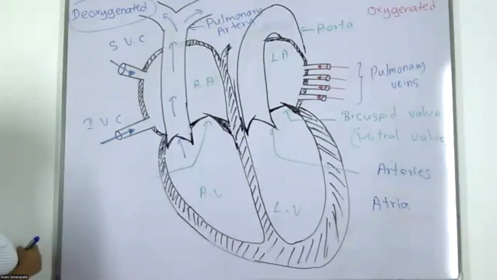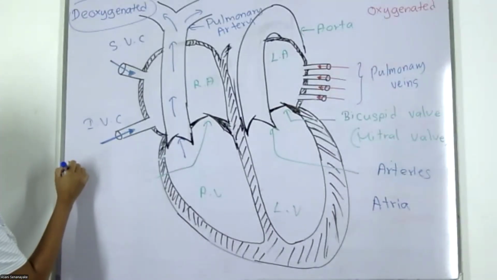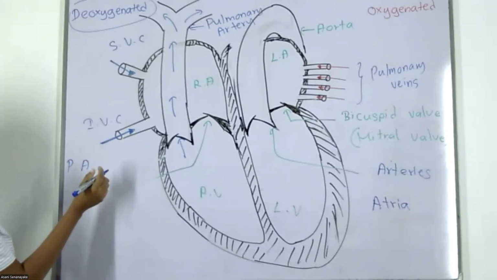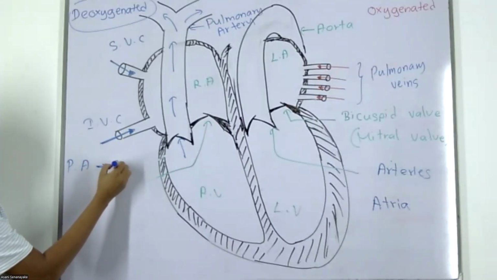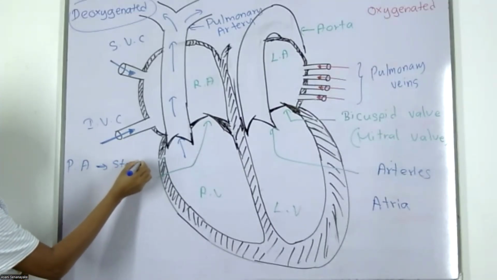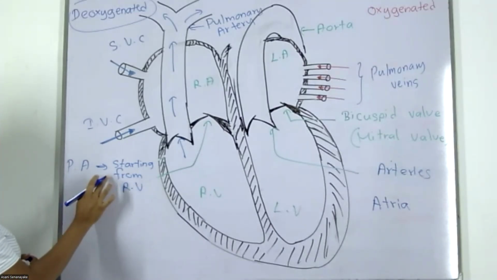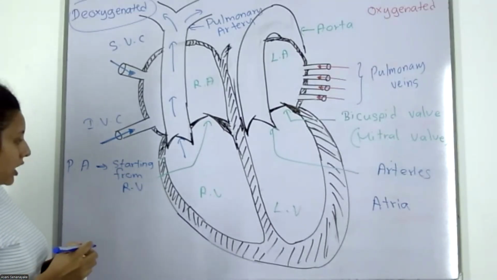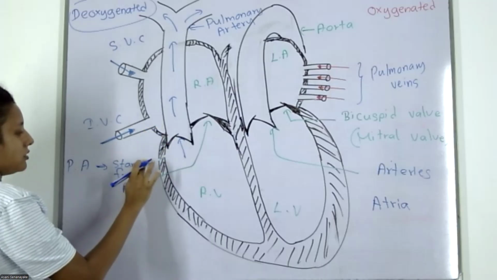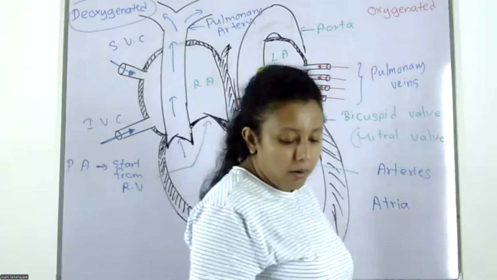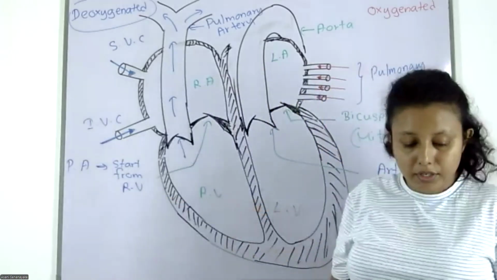So you can write here pulmonary artery. Okay, just write in short form. Pulmonary artery starts from the right ventricle.